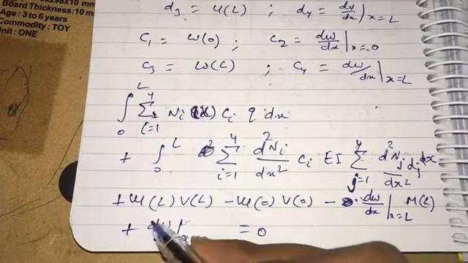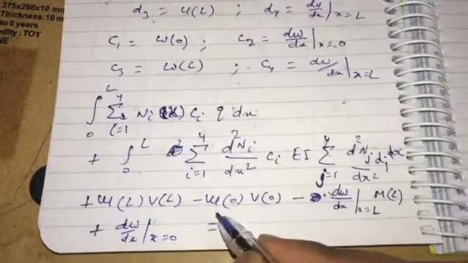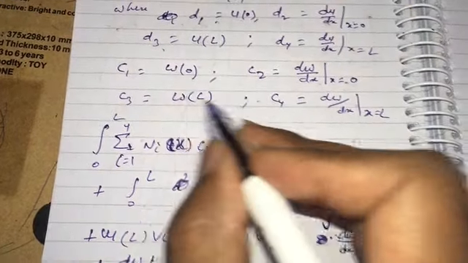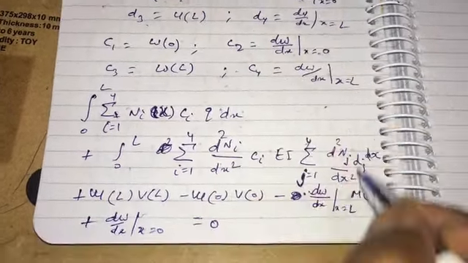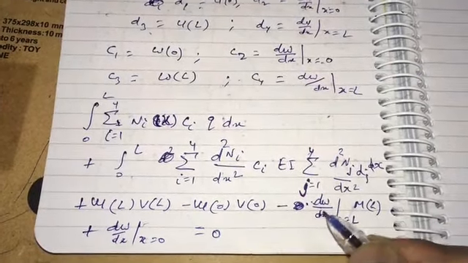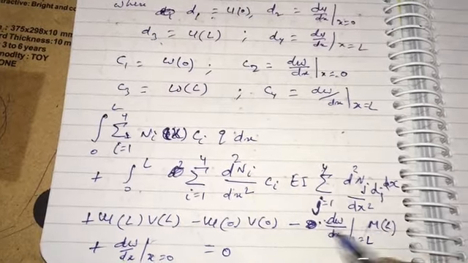Note here that wl is C3, w0 is C1, dw dx at x equal to 0 is C2, and this is C4. So all those values we can put here.